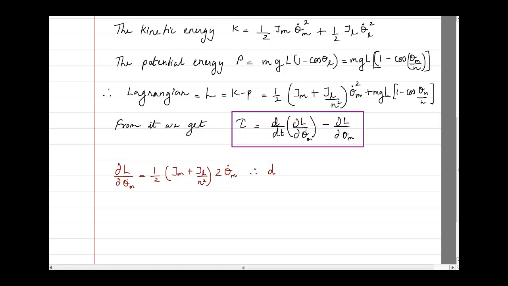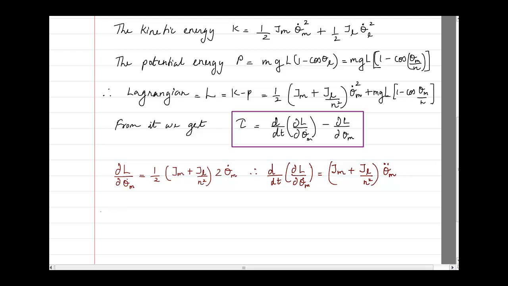Therefore, the term d by dt of this dou L by dou theta m dot, that means taking the time differentiation of whatever we have here, I will simply get Jm, that is the moment of inertia of the motor, plus the moment of inertia of the link divided by n square, which is basically the gear ratio, and that multiplied with, the 2 and 2 get cancelled, I will take only the differentiation of theta m, so I will get theta m double dot.